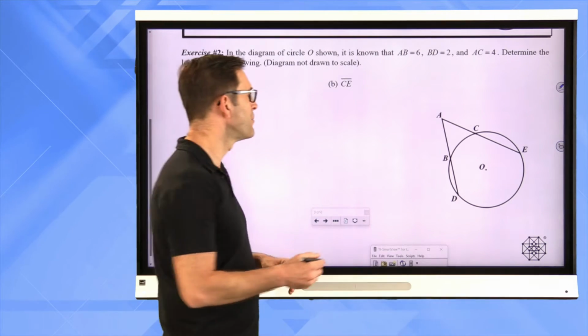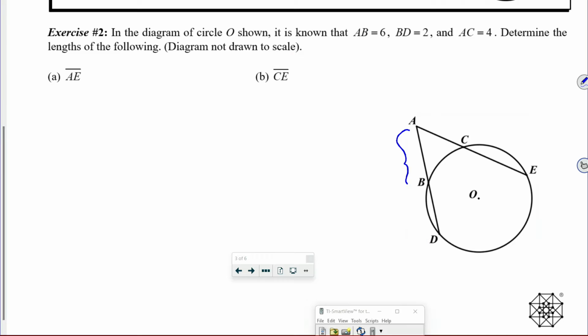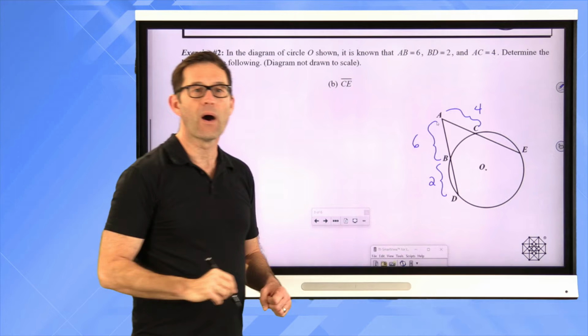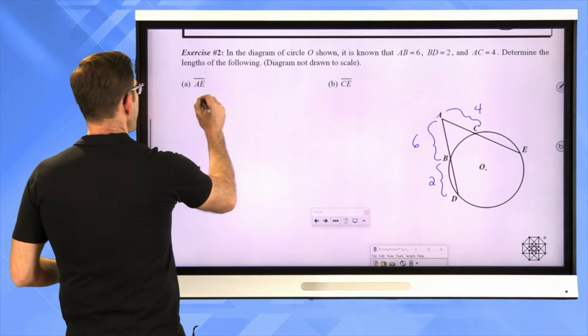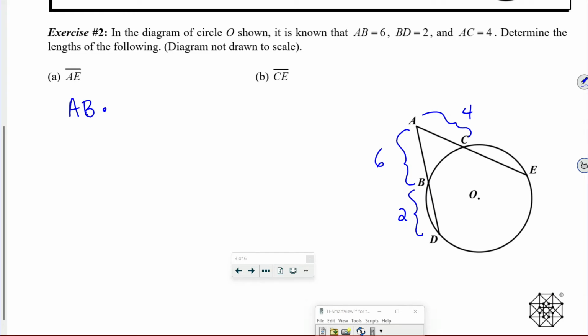Let's get all the lengths up there that we've been told, right? We've been told that AB is 6, that BD is 2, and that AC is 4. Now, what our theorem says is that if we take AB, the exterior part of that one secant, and we multiply it by the entire secant length, AD, that's going to be AC times AE.